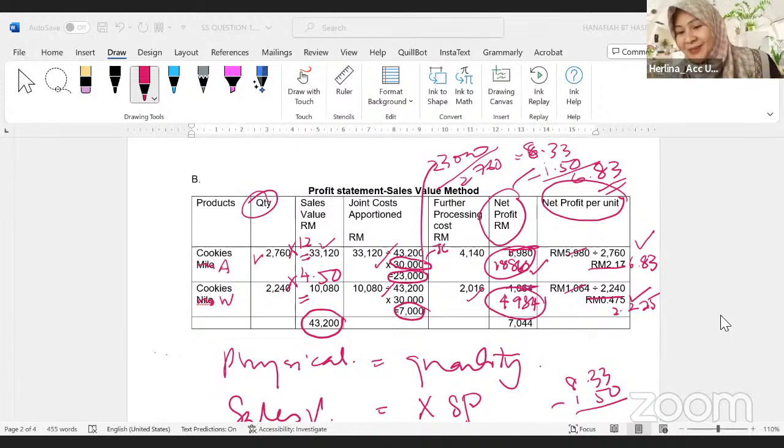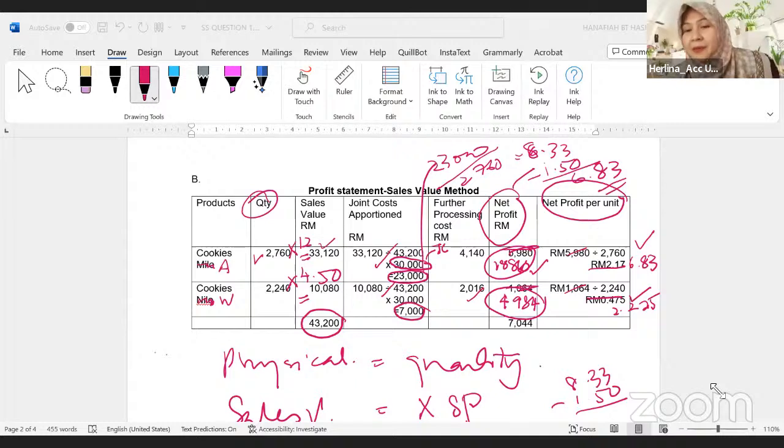Oh, okay. So you got that point that Ibu Hana explained before, yeah? Okay. So today we learn about the joint cost allocation, joint products and byproducts. So for the joint products, we have the joint cost allocation, right? What is the method?